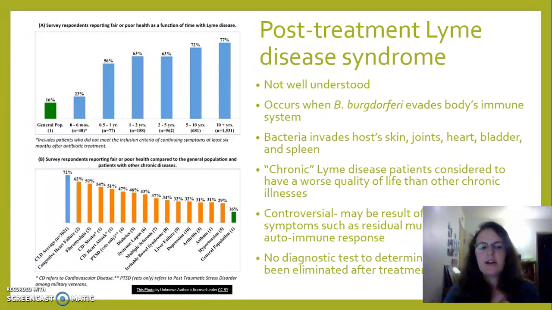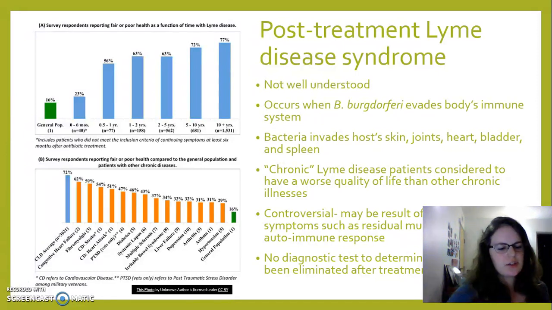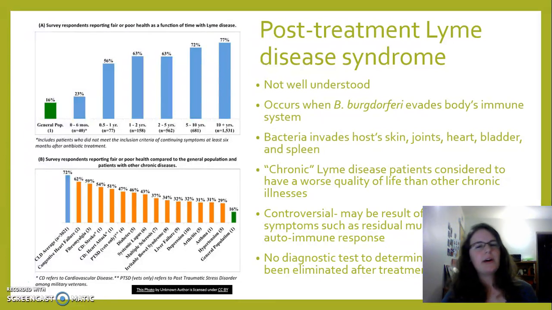What they do know is that chronic Lyme disease patients are considered to have a worse quality of life than people with other chronic diseases, such as diabetes, multiple sclerosis, and arthritis. So you don't really hear about post-treatment Lyme disease a lot, and it's interesting given that it is considered to be worse.